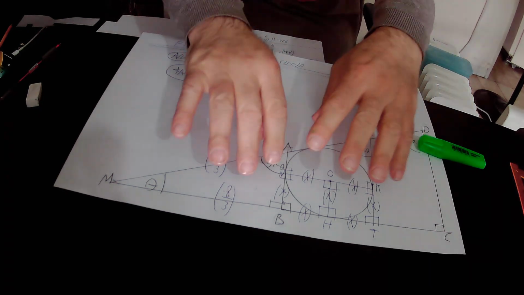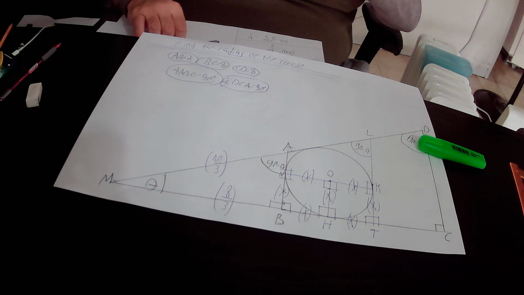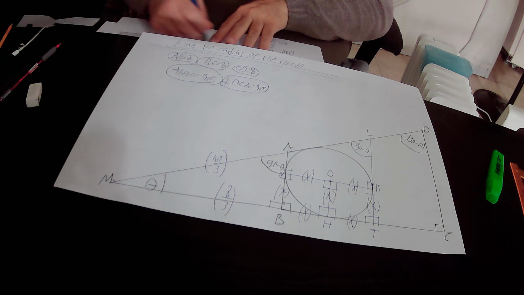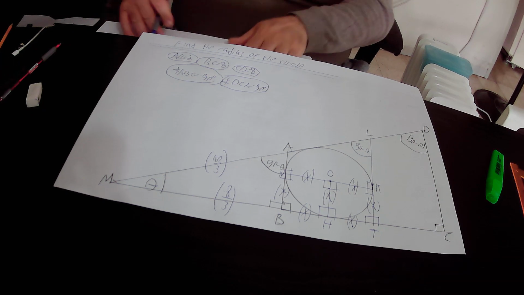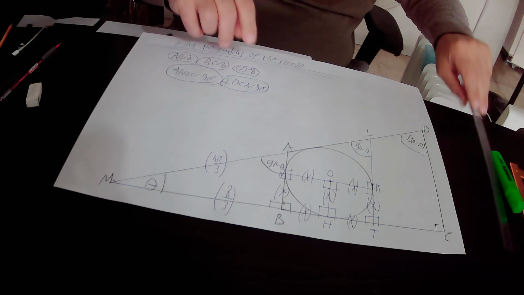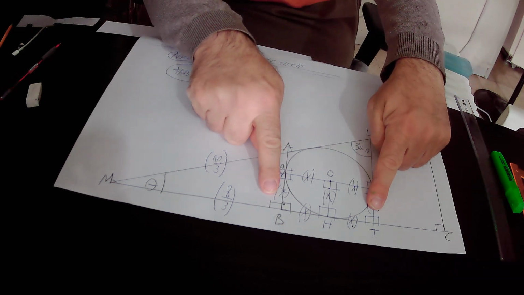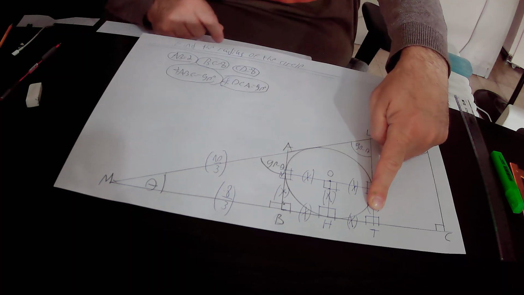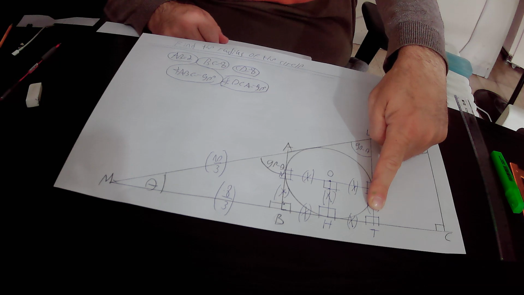So why are those two right triangles similar to each other? First of all, those two angles are both equal to 90 degrees, therefore they are equal to each other. So this is angle LTM in the big right triangle LTM.